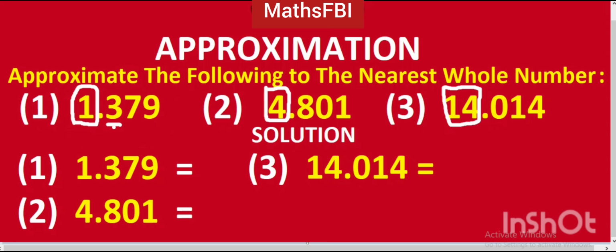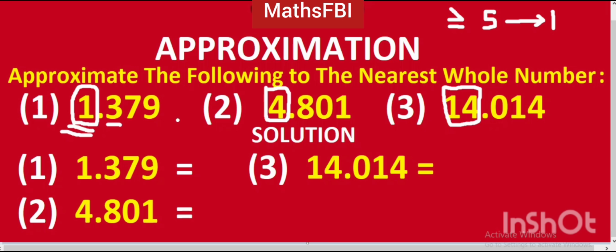The principle is, if the number is greater than or equal to 5, round the number up to 1, and then add the 1 to the whole number we are approximating.